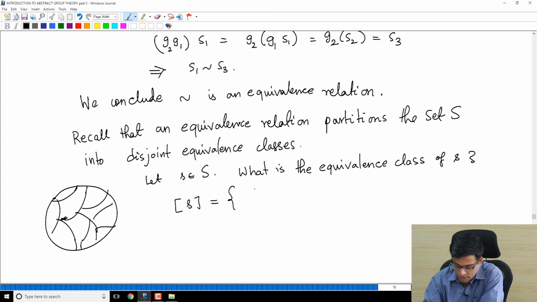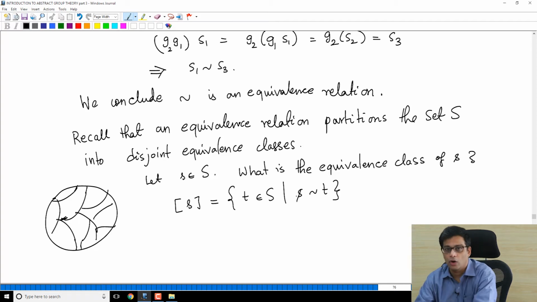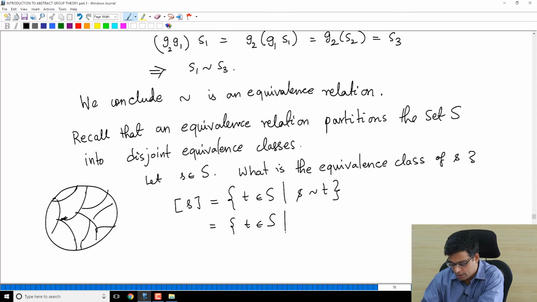By definition, what is this? These are all t in S such that s is related to t. But now I am working with a specific equivalence relation. So these are all t in S such that t is gs for some g in G.